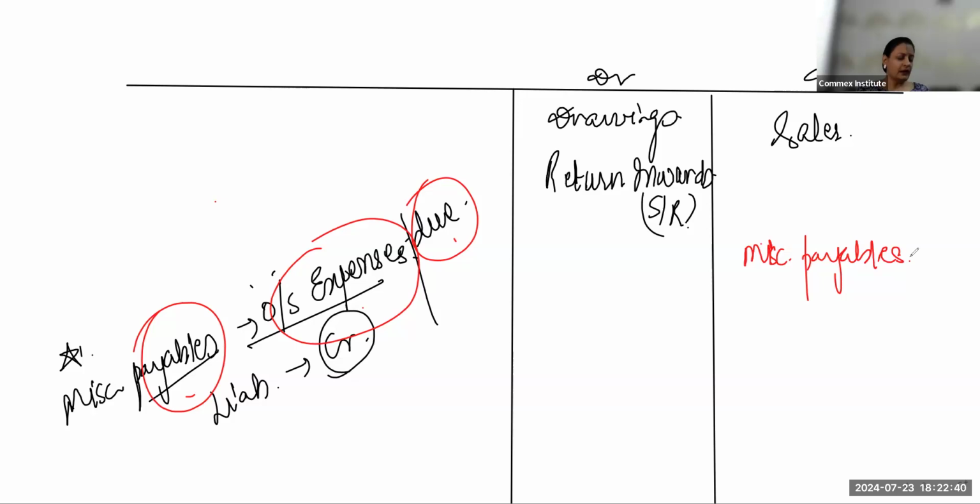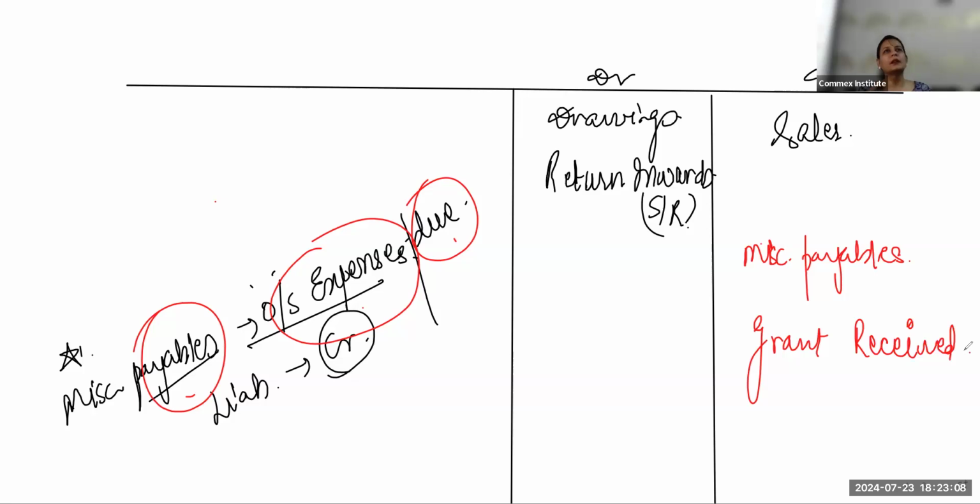And otherwise also, if you take it as the payables, then it will be a credit balance, assuming it to be creditors. Okay, Navya. So if you take them as creditors or you take them as expenses payables, in any case, it will be a credit balance. Okay. Then grant received. Grant received would be, of course, your receipt. So it will be your credit balance. Okay, grant received.